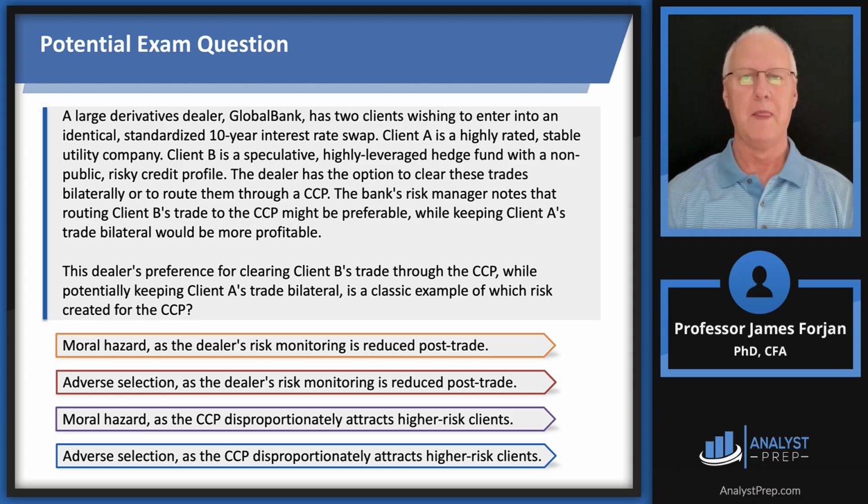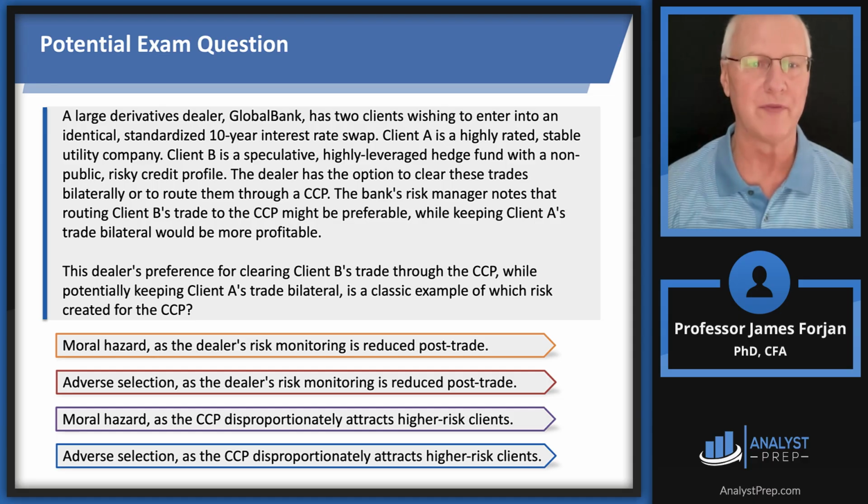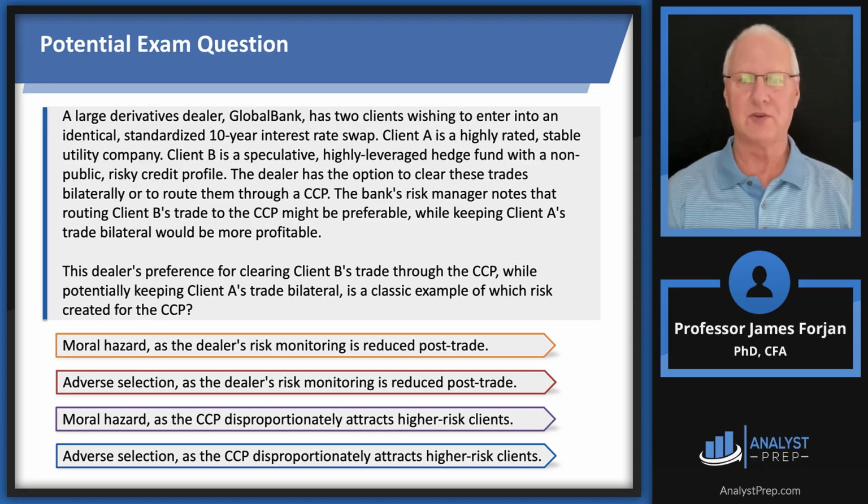This global bank has the option to clear these trades bilaterally or to send them to a CCP. The bank's risk manager notes that routing client B's trade might be preferable, while keeping client A's trade bilateral would be more profitable.